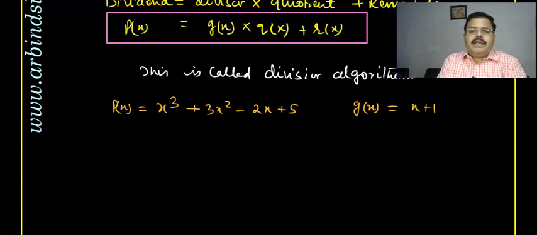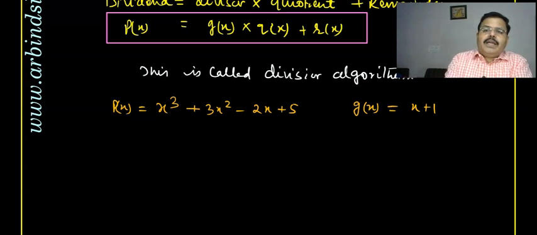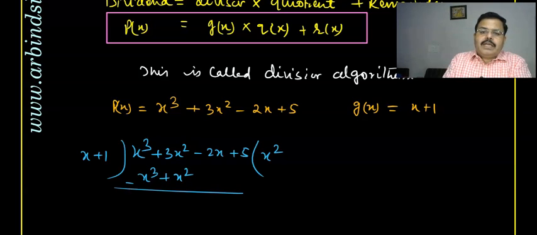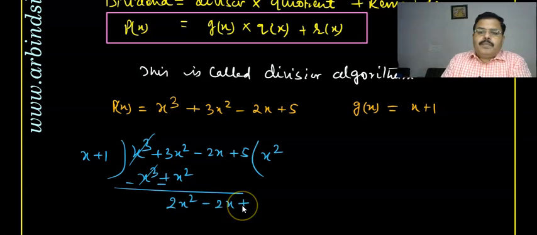Clearly here the degree of P(x) is 3 and the degree of G(x) is 1, so we can divide it. We multiply by x square so that it will come x cube plus x square. Now the sign will change, so these two cancel out, and 3x square minus x square is 2x square minus 2x plus 5.